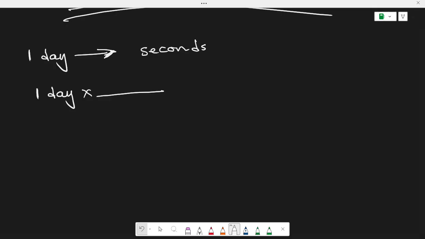You need to move from a day to hours. And we know that in 1 day we have 24 hours. So basically the conversion factor I've used is that 1 day is equal to 24 hours. And I've placed what I want on top, and what I want to get rid of on the bottom, so that this can cancel.